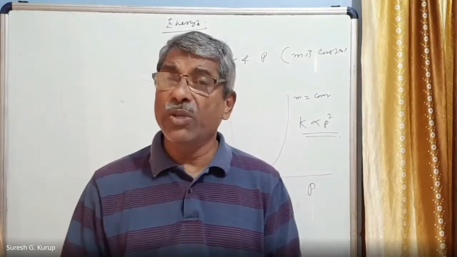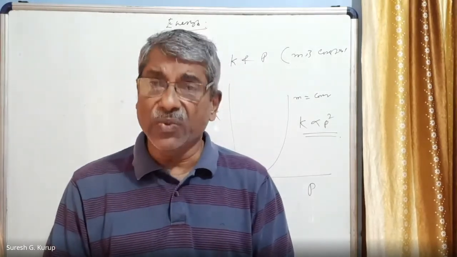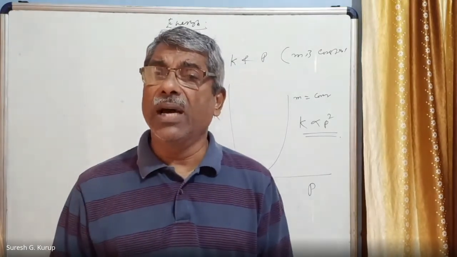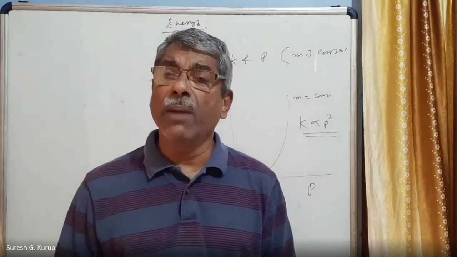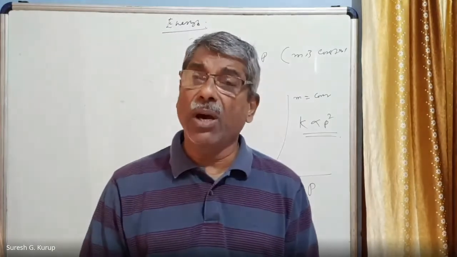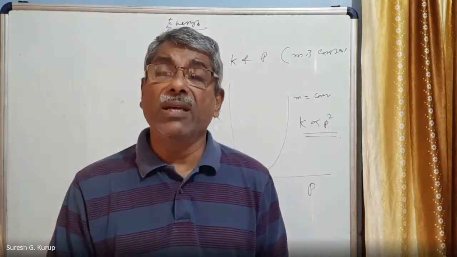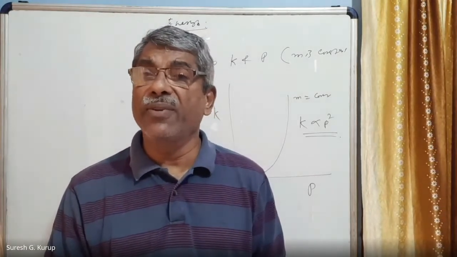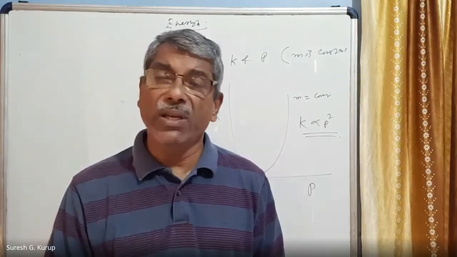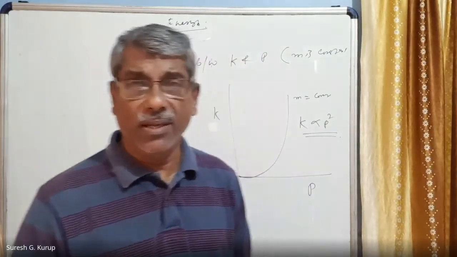The body was moving with initial velocity v0, and at that time, a constant force capital F is made to act on the body. Then its velocity is changing from v0 to v after traveling a displacement ds.